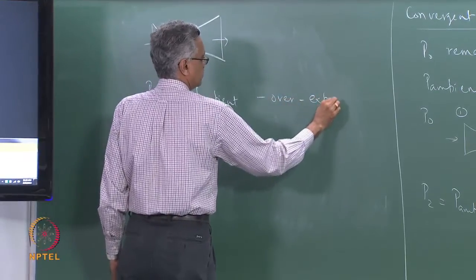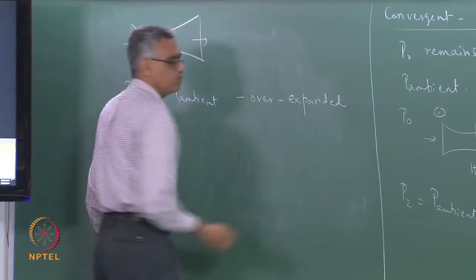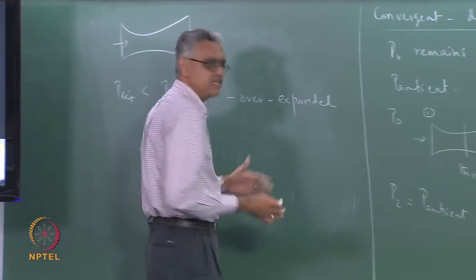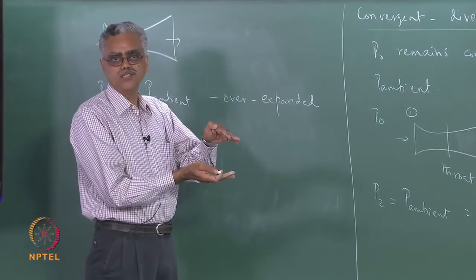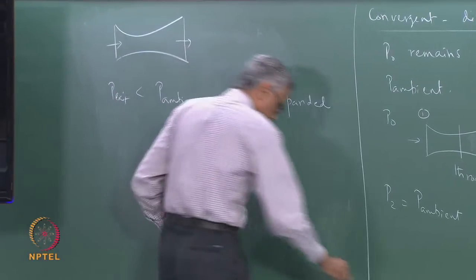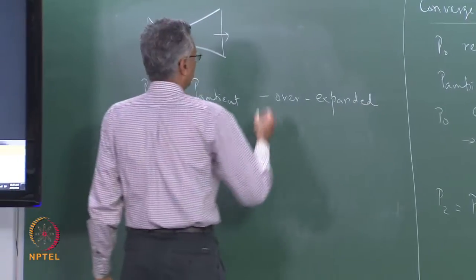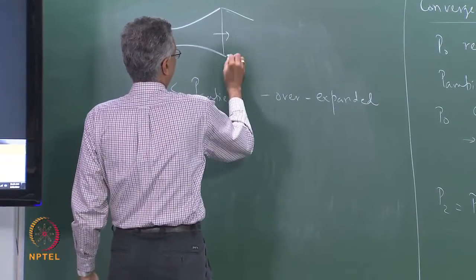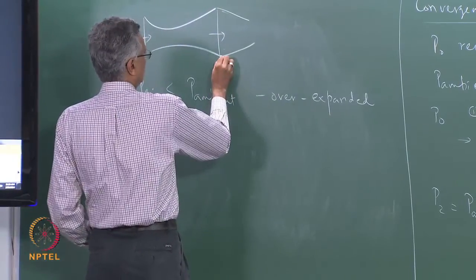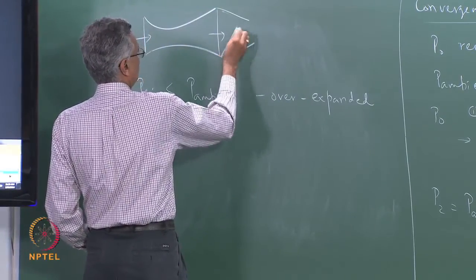That means the jet has to be compressed outside the nozzle. If it has to be expanded, then the jet swells. If it has to be compressed, then it shrinks. The jet becomes something like this, and we usually get an oblique shock which is generated from the corner.